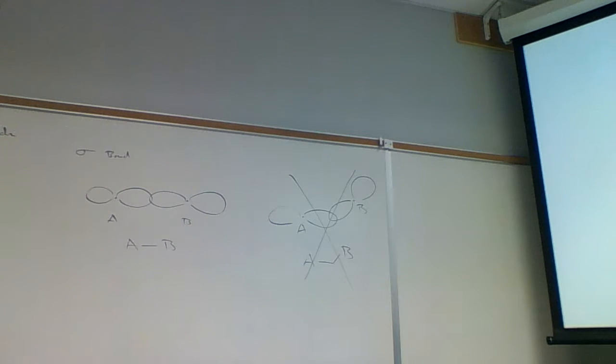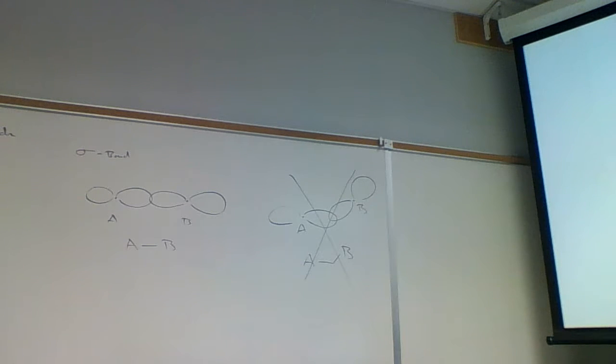Now, there's one more way that the p orbitals can bond, and that's by a pi bond. A pi bond is like this, where we overlap the four lobes here. You can see this overlap here, and there's going to be overlap here. But if we look along the internuclear axis, there's no overlap.